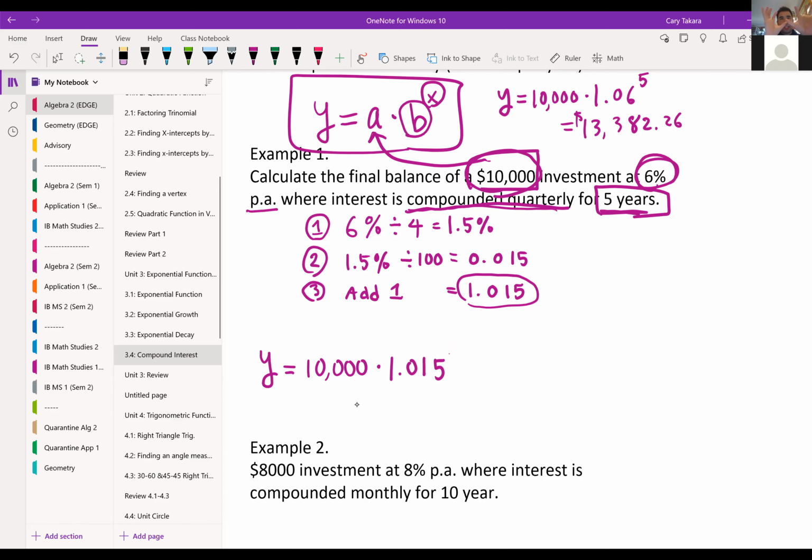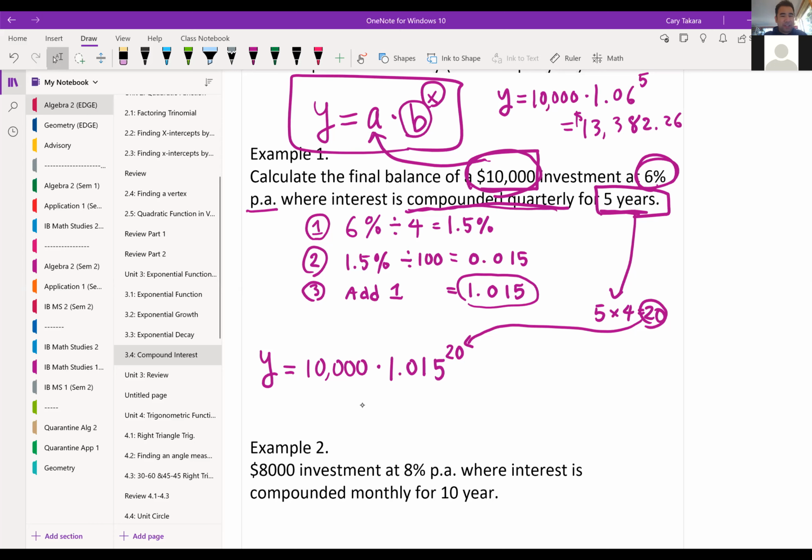Each year is 4 quarters, so 5 times 4, which is 20. And 20 needs to take place for the time, because we are figuring it out in a quarterly system, not a yearly system. We want to know how many quarters we've got. So that's 20.